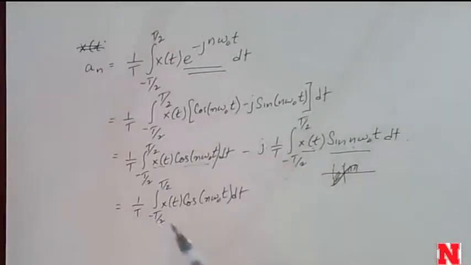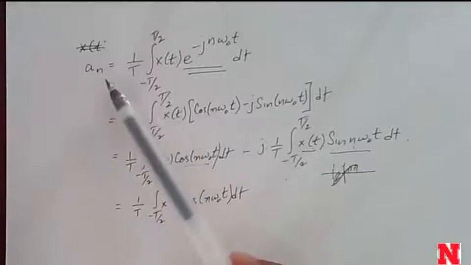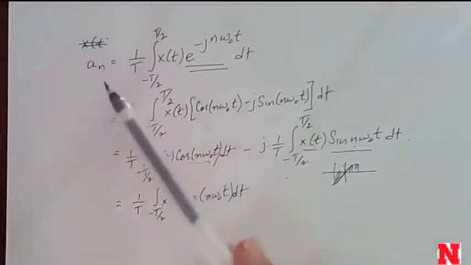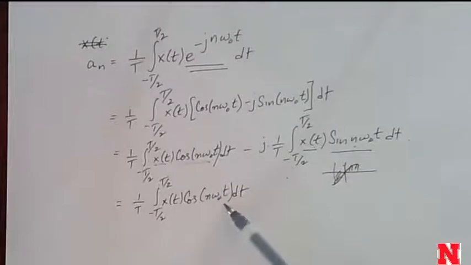So this was for a sub n, and if I had a sub minus n, I would get cosine of minus n omega naught t, but cosine of minus n is equal to cosine of n, so a sub n and a sub minus n would have exactly the same expression.